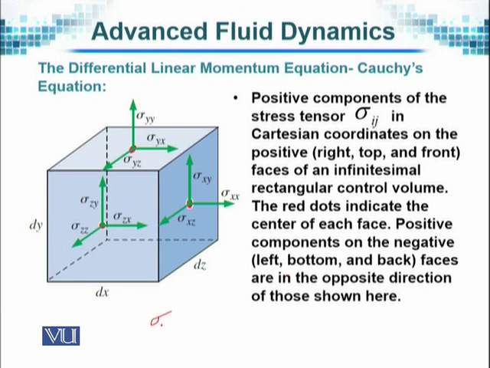So it will be sigma 1 1, sigma 1 2, sigma 1 3, and similarly there will be sigma 2 1, sigma 2 2, sigma 2 3. Here I have written 1 1 and so on, when we are writing in the tensor form.